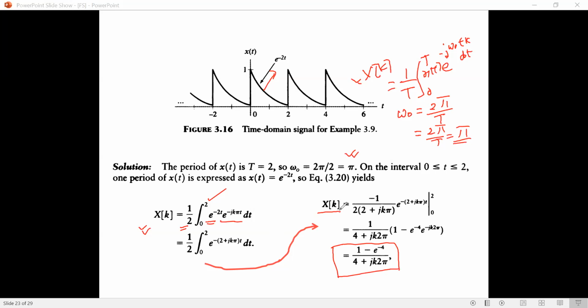As a result, we only need as many distinct values of xk as the period of your discrete time signal. But in the case of a continuous time periodic signal, your k ranges from minus infinity to infinity, and k is an integer. As k is an integer, non-integer harmonics don't exist.